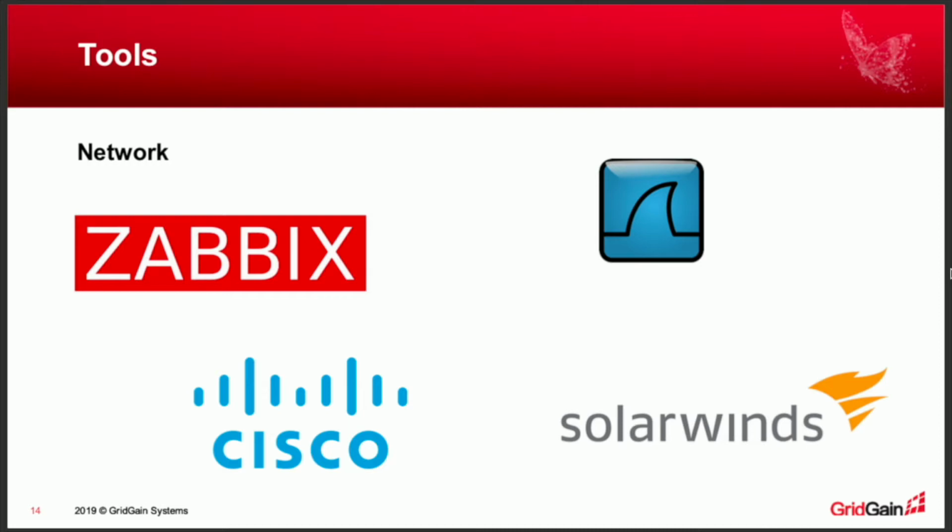Zabbix can also be used to collect any kind of data, not only about network, but usually it's applied for network. Also, if you know who the vendor of your network hardware is, you can go to this vendor and ask for tooling. For example, if you have Cisco, it has a lot of tools for monitoring and troubleshooting, so you can just make use of it.